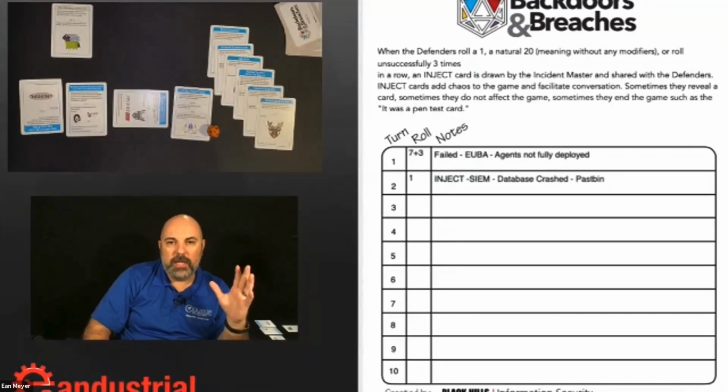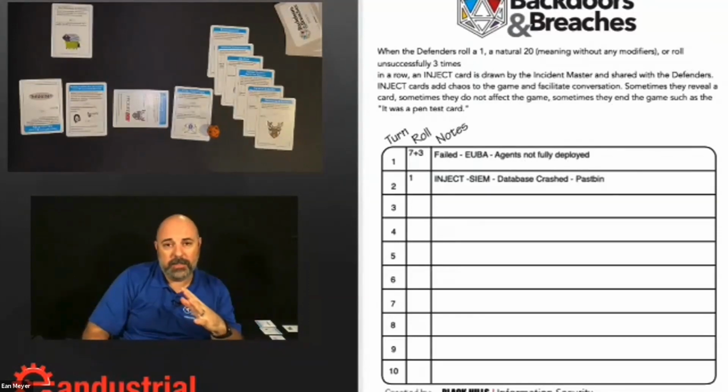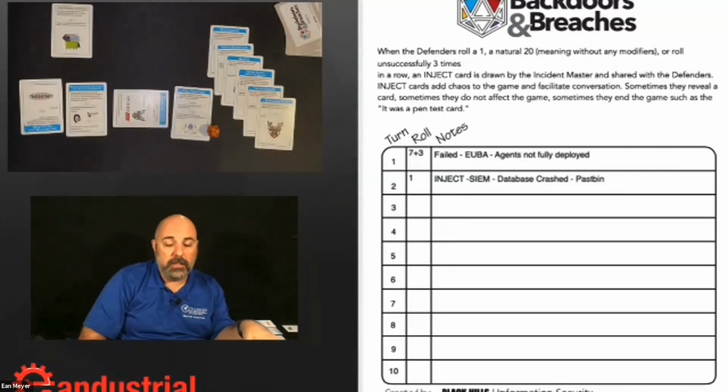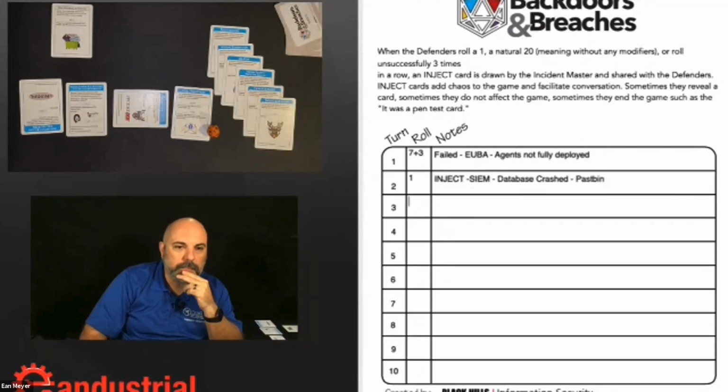I should have covered it. It's a house rule where if you get a certain number of injects, the game ends. But I generally don't play that with beginners. So yeah, we can absolutely clear that. I just didn't play that rule for this round because it makes it even more complicated. Gotcha. Yeah, but great call out.